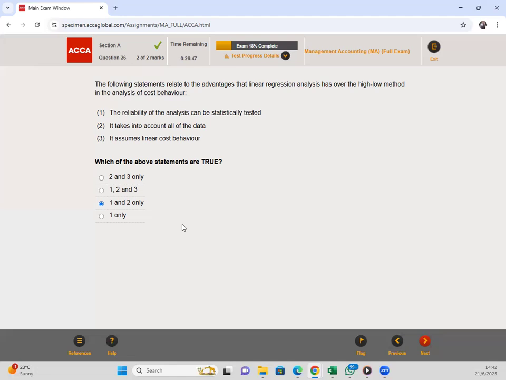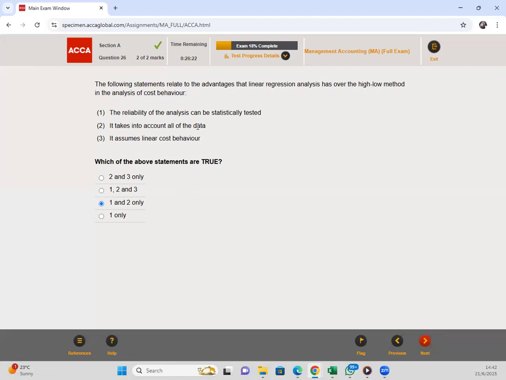So it assumes linear cost behavior. In regression analysis, we are looking at linear regression. The following statements relate to the advantages that linear regression has over the high-low method.